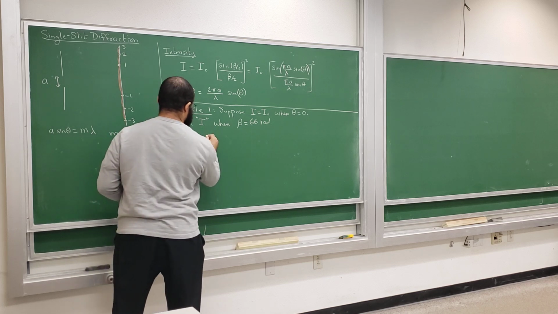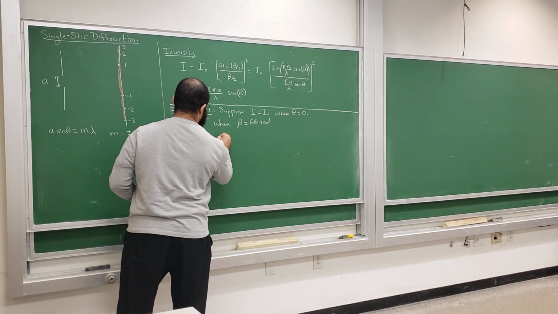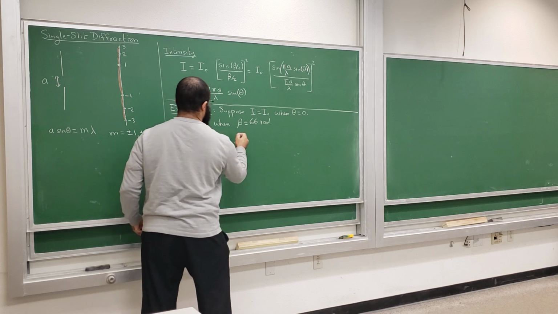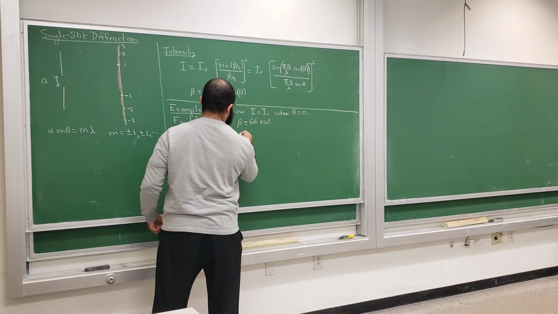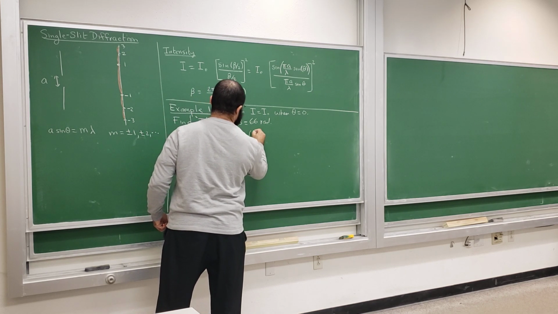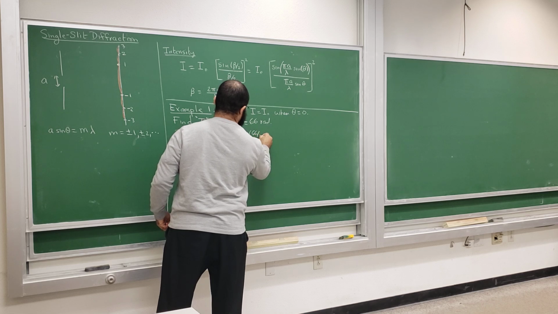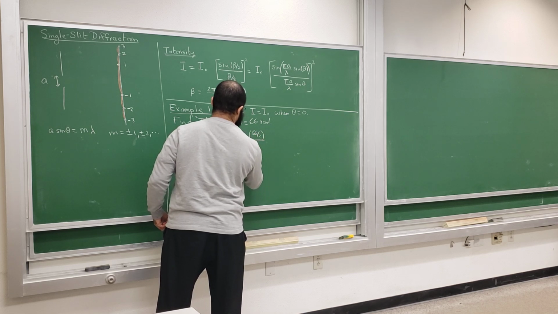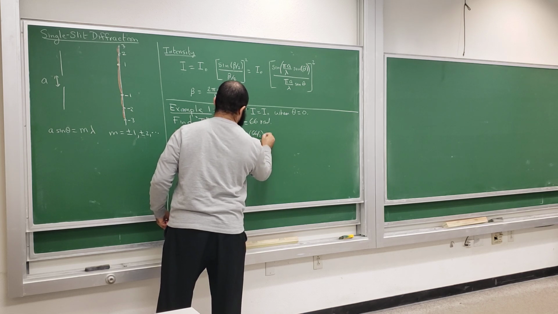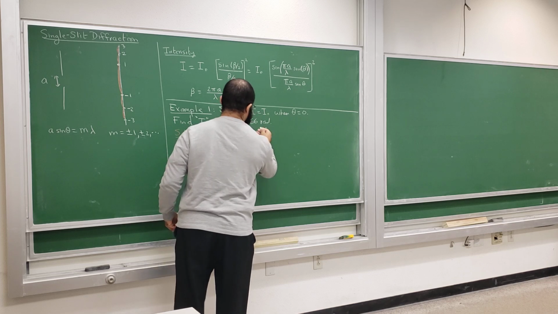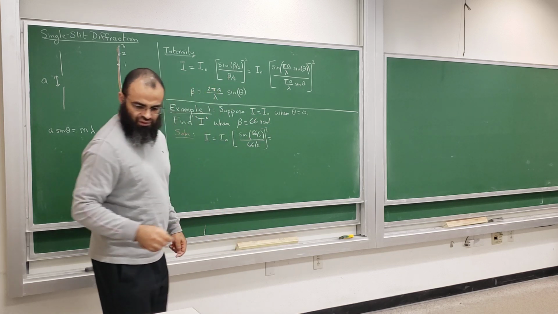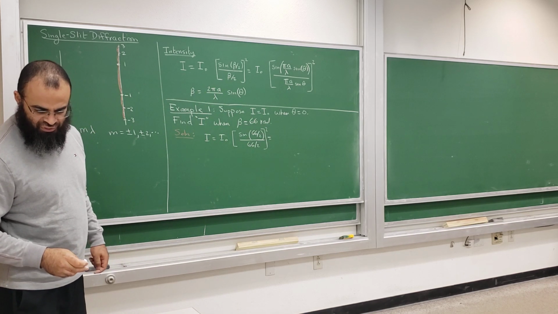We have intensity is equal to I naught times the sine of beta over 2, that's 66 over 2, divided by 66 over 2 squared. 66 over 2 is obviously 33. Plug in the numbers.